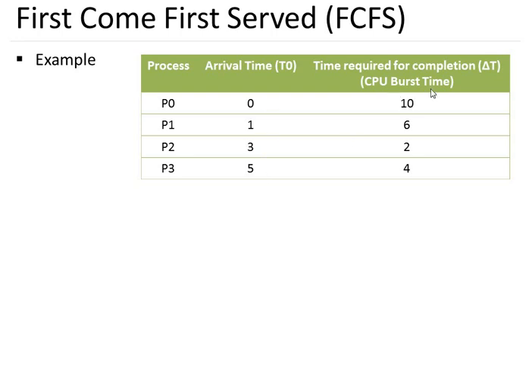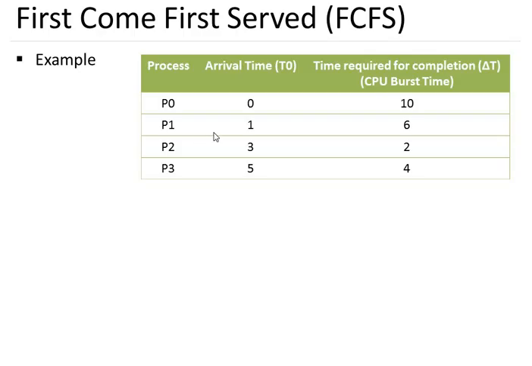After that, the CPU burst time is also given, which is marked as delta T, the time required for completion. So what does it mean? Process P0 comes at time 0 and it requires 10 units for its completion.